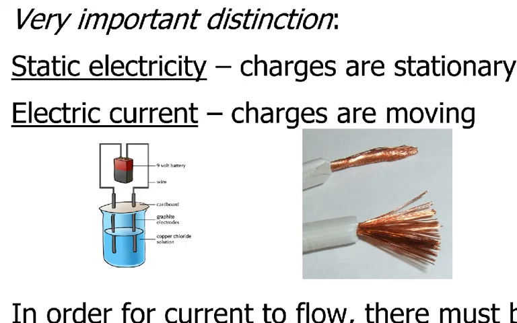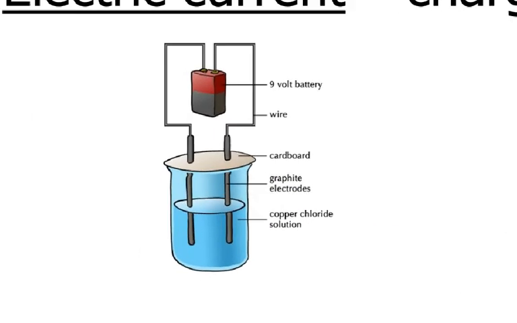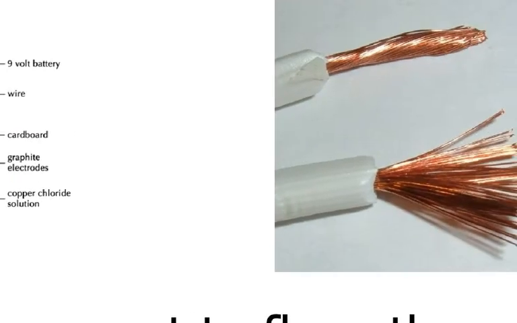So usually electrical current flows through a circuit like that, but it can also flow in liquids, for example. So in this case, what charges are moving? The answer would be electrons. Electrons move in metallic wires. It's the electrons that do the moving.